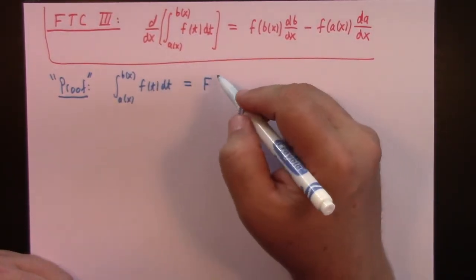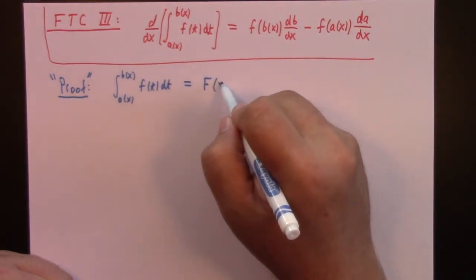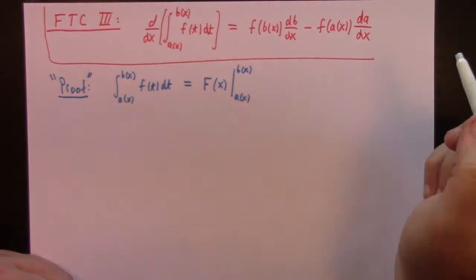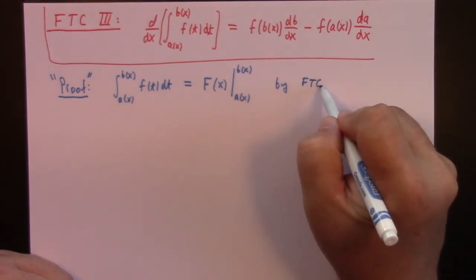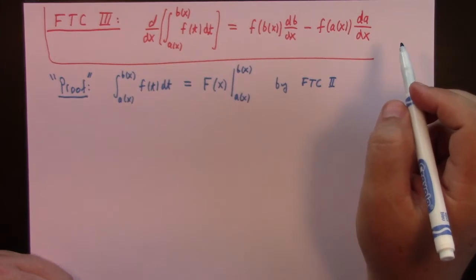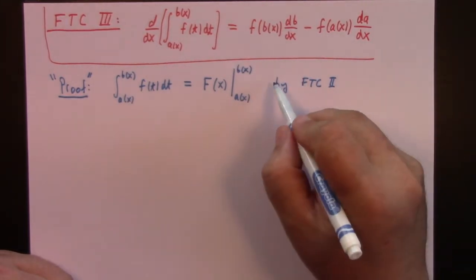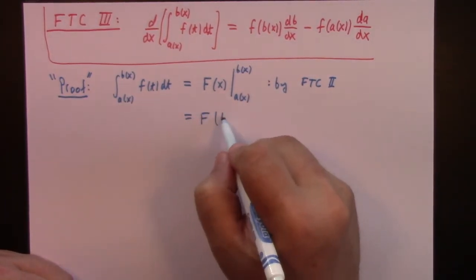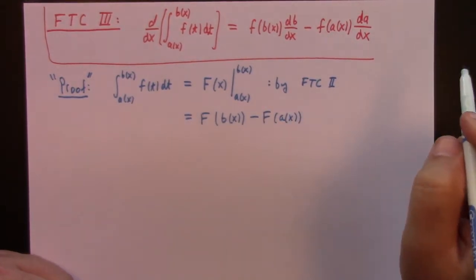And so we have F(x) evaluated from a(x) to b(x). That's by FTC2, and I guess it's by the application of FTC2 many, many times over for arbitrary x. Now, that of course means F(b(x)) minus F(a(x)).